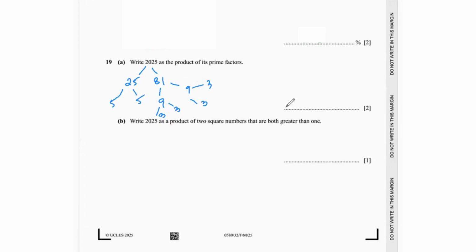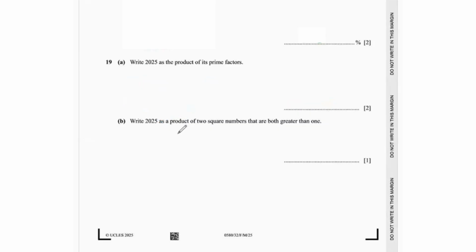So the product of the prime factors is 3 to the power of 4 because we have 4 3s, times 5 squared because we have 2 5s. So just remember, you have to break down the number into its prime factors. You just keep breaking the number down until you reach prime numbers.